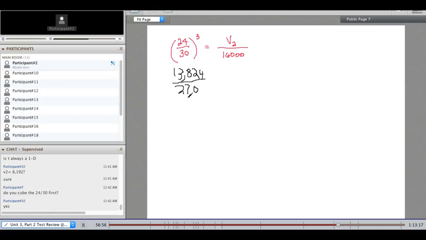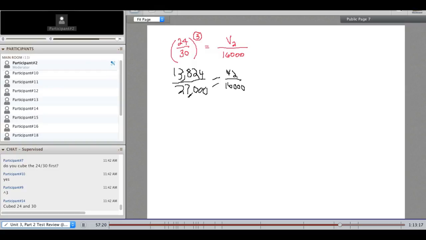Yeah, good question. So can you guys tell me how Dustin got this 13,824? That is correct. Yeah, and again, it's challenging your computation and algebra skills. You have to remember, what are the rules that are allowed? If I have cubed and I have a fraction in there, what can I do?